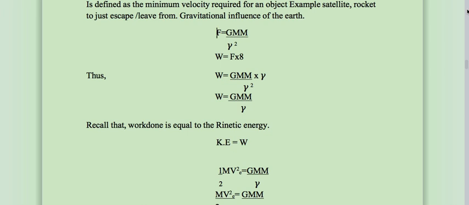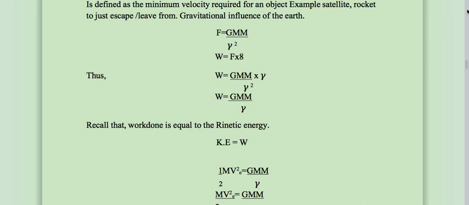However, recall that our work done is simply the force times the distance, which is R. From our above relationship, what we derived when we were trying to get our gravitational potential, we saw that W is equal to G, capital M, small m, all over R squared, all over R.